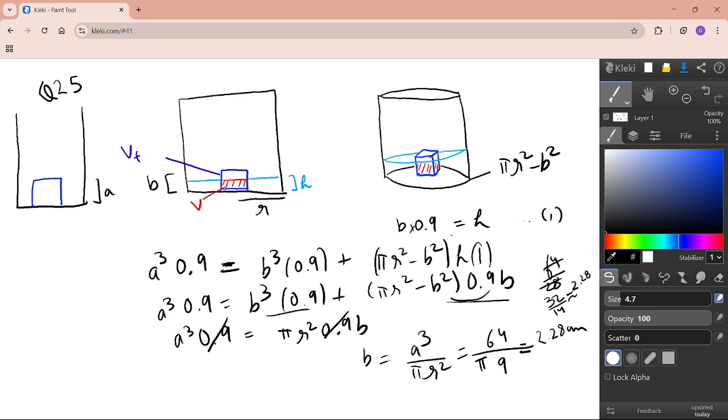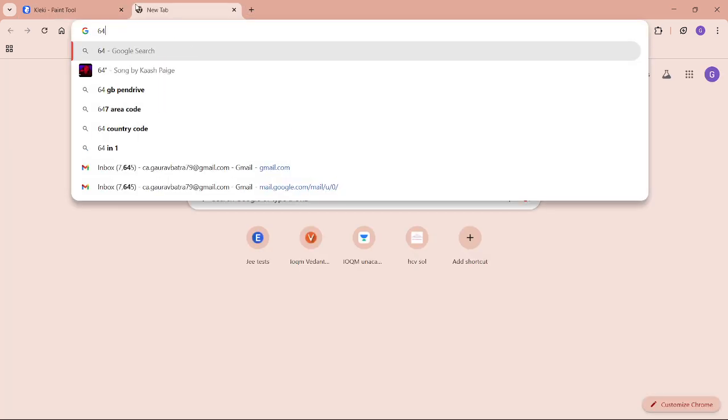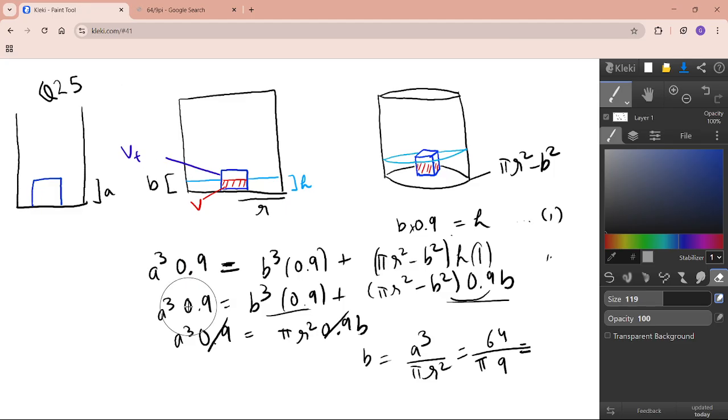It's the answer. Okay, 64 by 9 pi, it's 2.26. This is just an approximation, right?